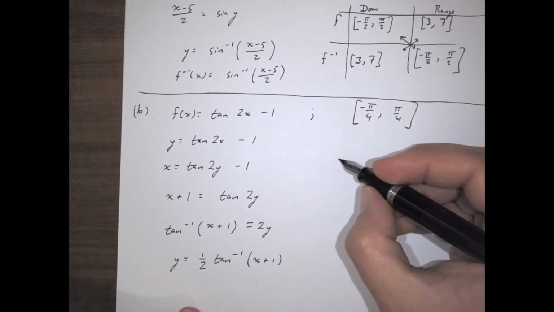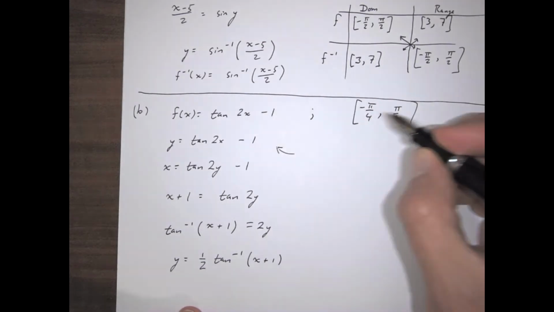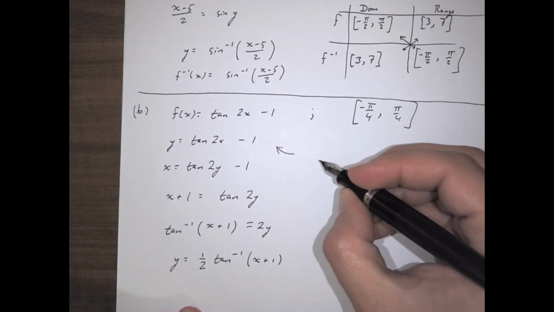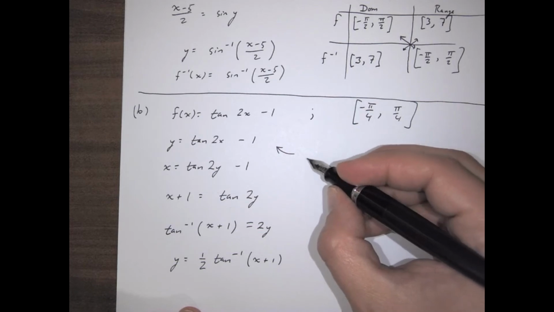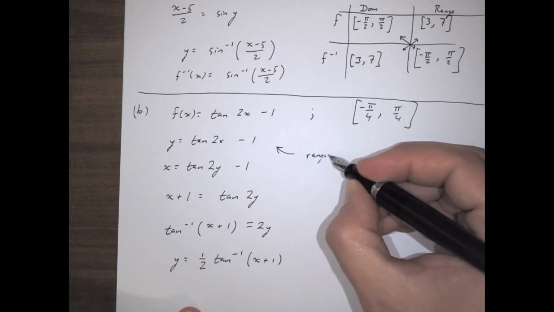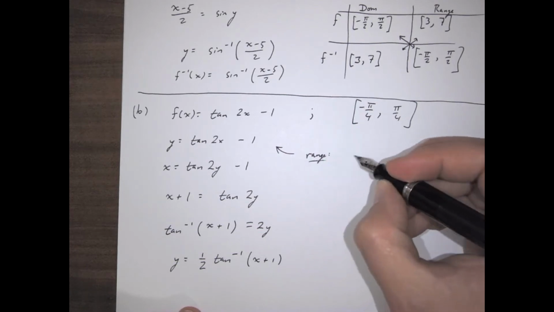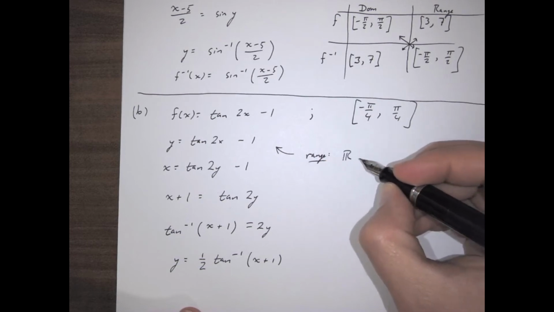Now, when we think about the range of the original function here, this is a tangent. And tangents swoop all the way up and all the way down, so all real numbers.